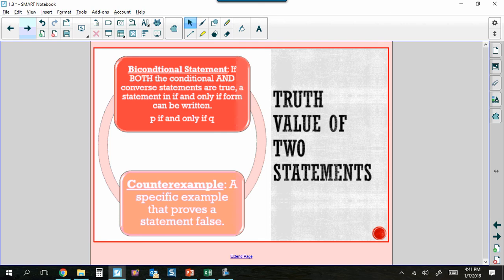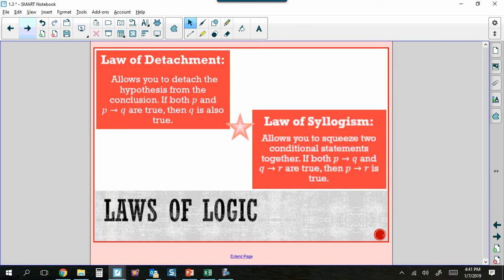Awesome. Okay, now let's talk about our law of detachment and our law of syllogism. The law of detachment allows you to detach the hypothesis from the conclusion.